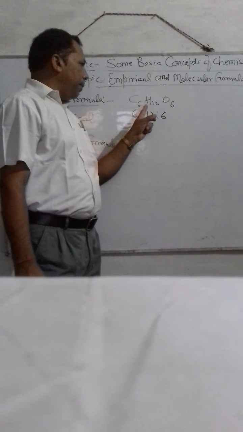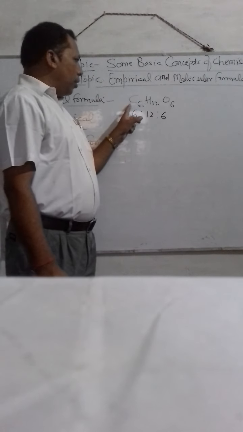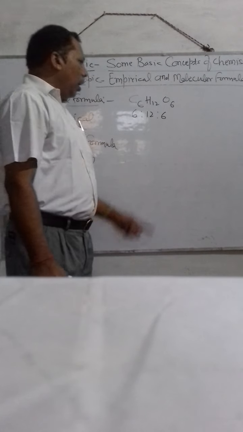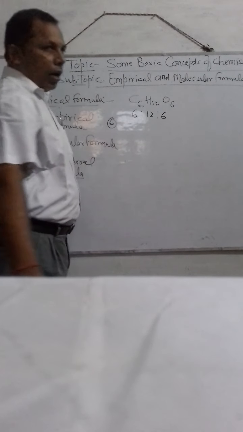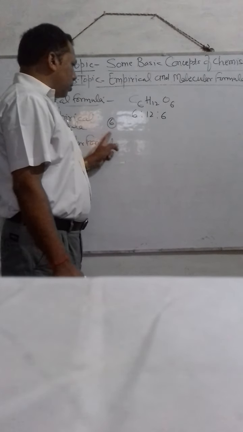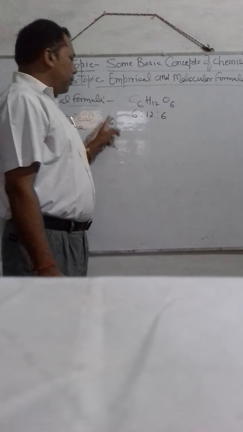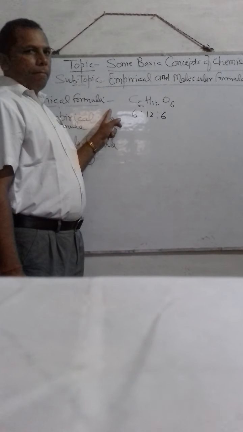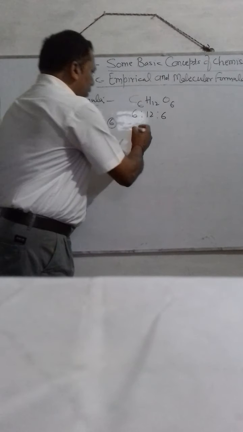So in this example, glucose C6H12O6, the ratio of carbon, hydrogen and oxygen atoms is 6:12:6.